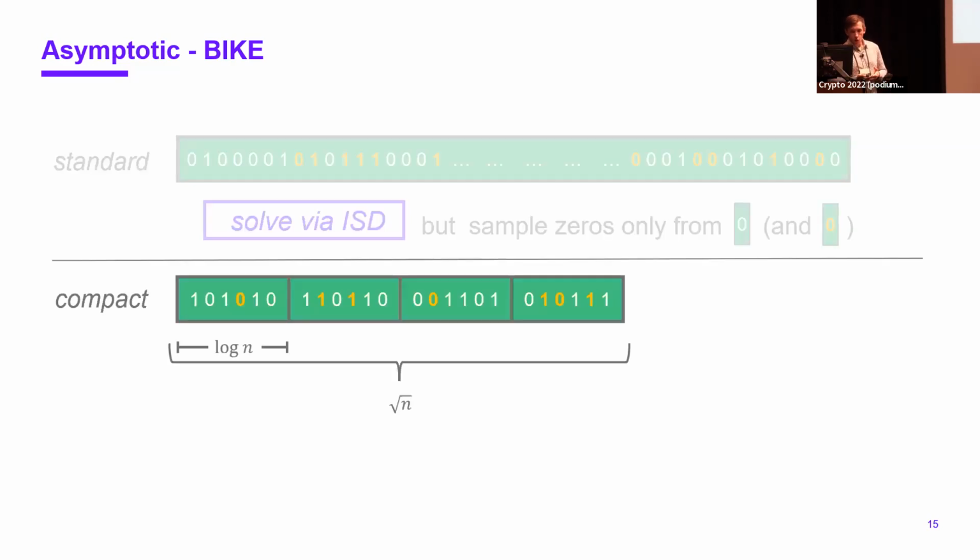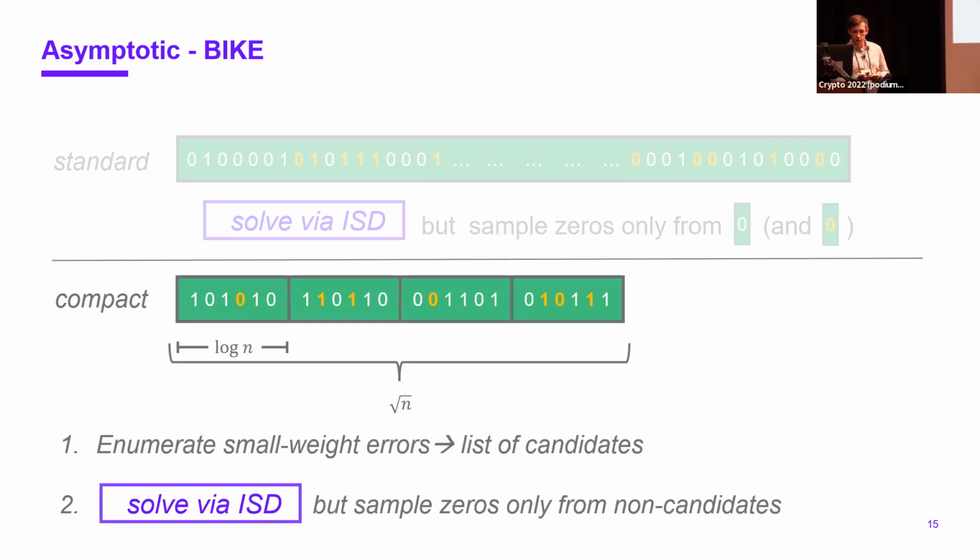And in the compact case, we have again these blocks of size log n, and square root many of them, encoding the indices where the secret key is 1. And then we first enumerate small weight errors on each block to get a list of candidates. And this list of candidates can be seen as a list of coordinates where the secret key has a higher probability to be 1.